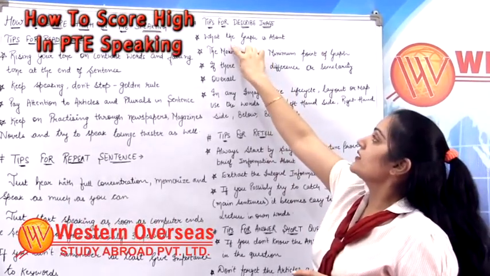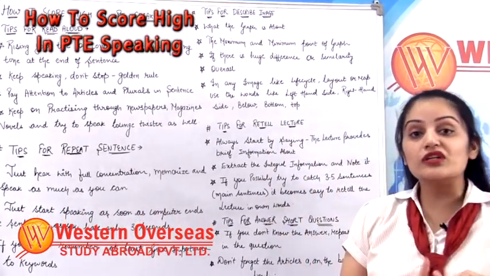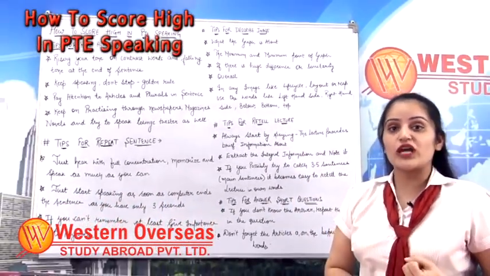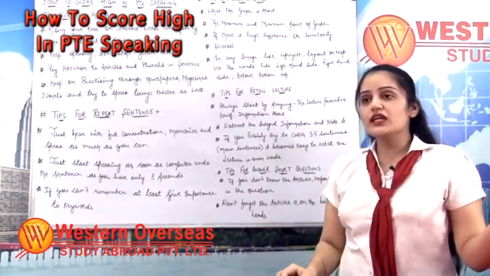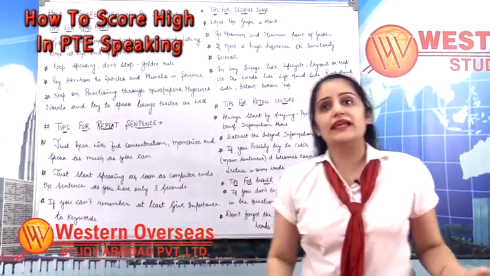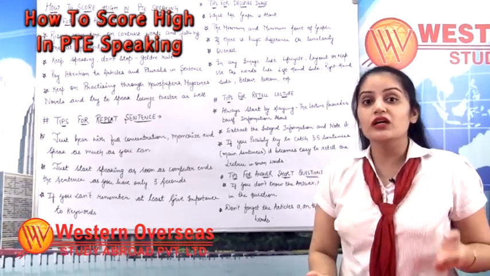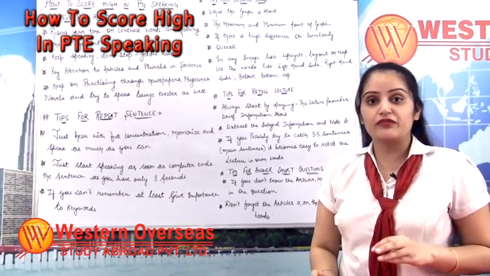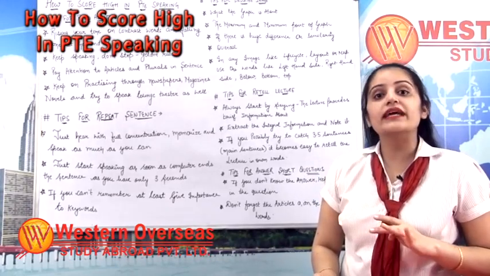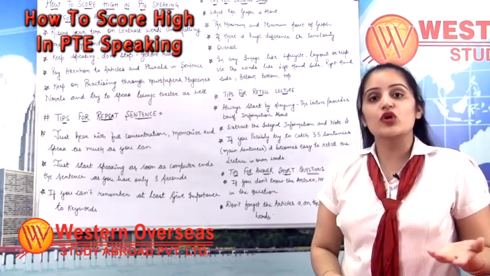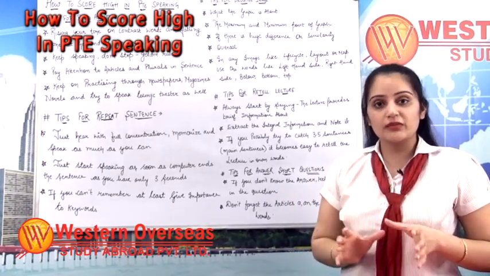The first thing that you have to consider in your mind, and the first thing that you have to speak in describe image, is what the graph is about. In describe image there are generally 5 to 6 types of questions which come, like bar graph, polyline graph, table graph, pie chart, some layout, some map, or any life cycle or any process. These kinds of things come in the exam.